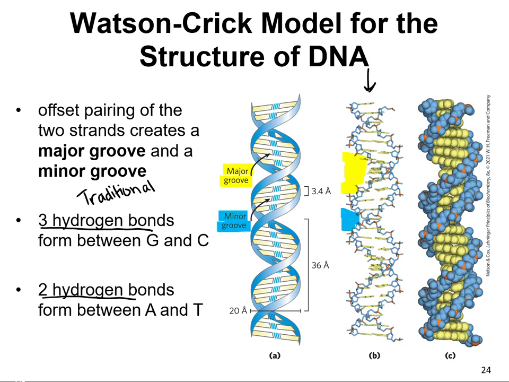Hoogsteen base pairing absolutely is relevant, and it's something that needs to be considered if you're interested in DNA and RNA and the proteins and enzymes that bind them and do chemistry with them. However, for our purposes, I'm not going to make you understand Hoogsteen pairing. It's just an alternate way of the bases interacting, so it's different hydrogen bonding that causes differences in structure that can be recognized by different proteins. Okay, so there's that.